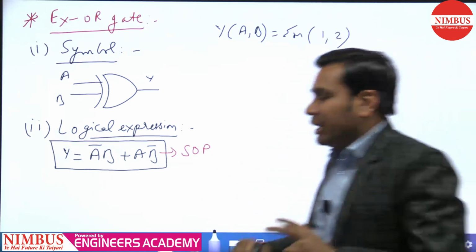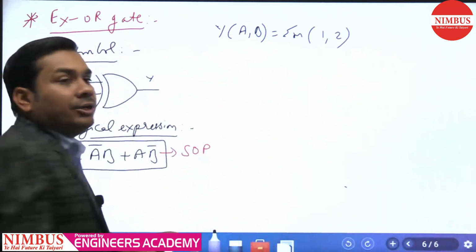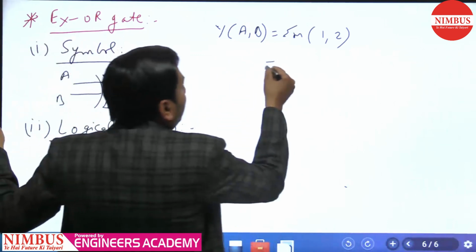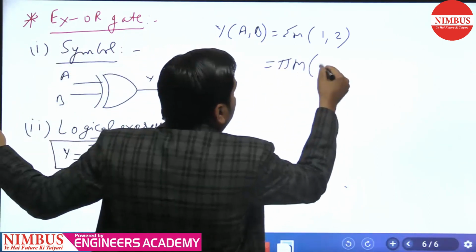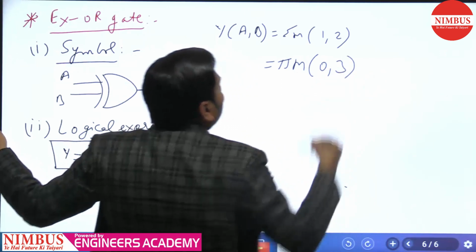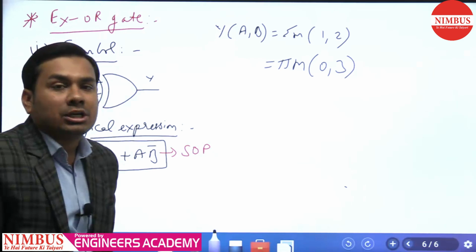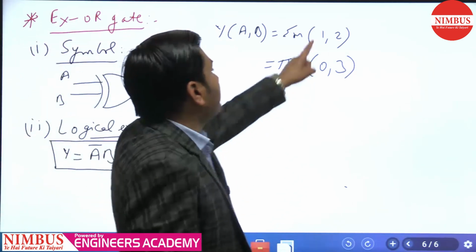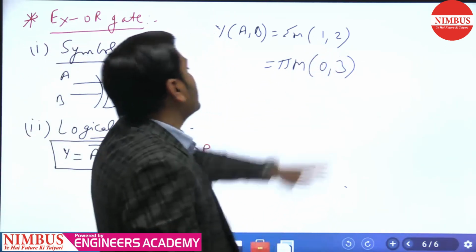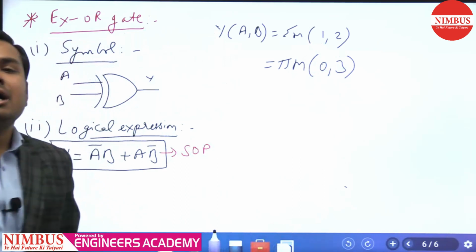We have min terms at 1 and 2, and excluding these min terms, the rest of the terms are our max terms. So the rest of the terms, 0 and 3, are the max terms.